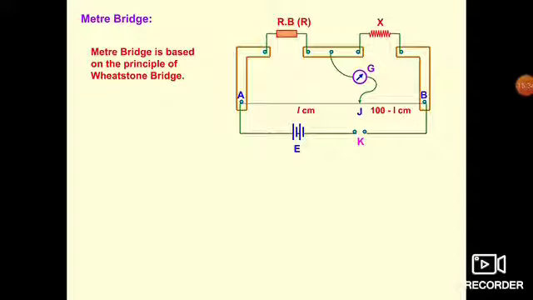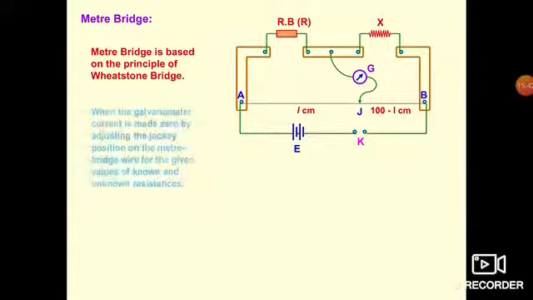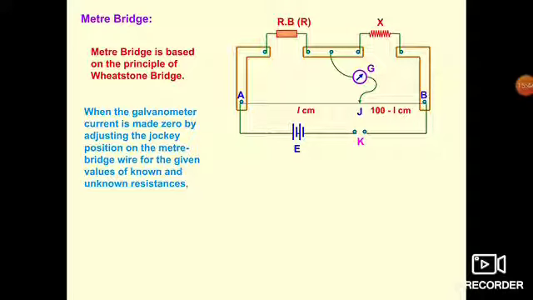Generally it is 100 centimeter, and you can touch the jockey J at any point of the wire. If you touch the jockey at different points, the galvanometer will show deflection towards the left or right. But at a particular point, it will not show any deflection. That point is said to be the point of balancing.